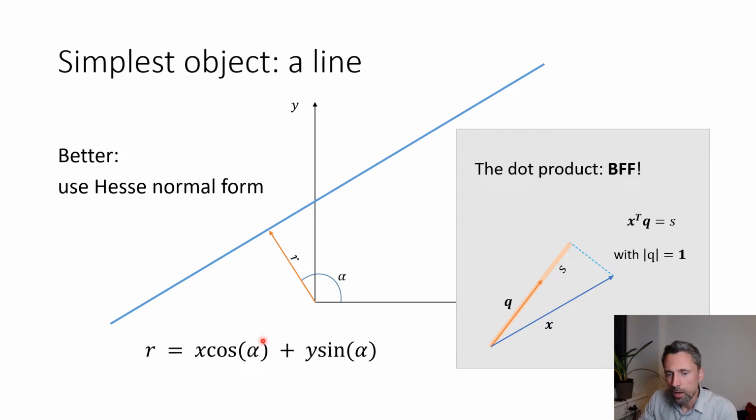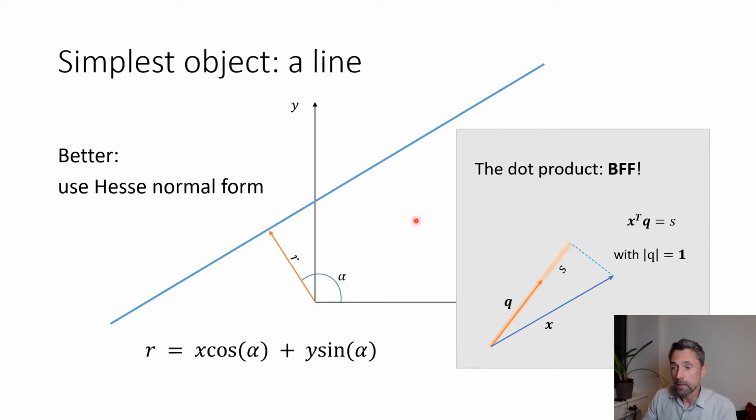Okay, so why do I mention that? Well, think of cosine alpha and sine alpha as a unit vector into the direction of this orange vector here, but it has unit length, right? And now this would be our q, and x and y are now arbitrary points in the image plane.